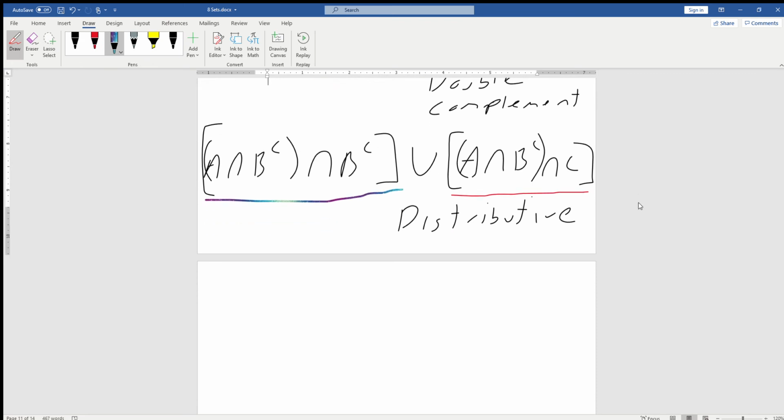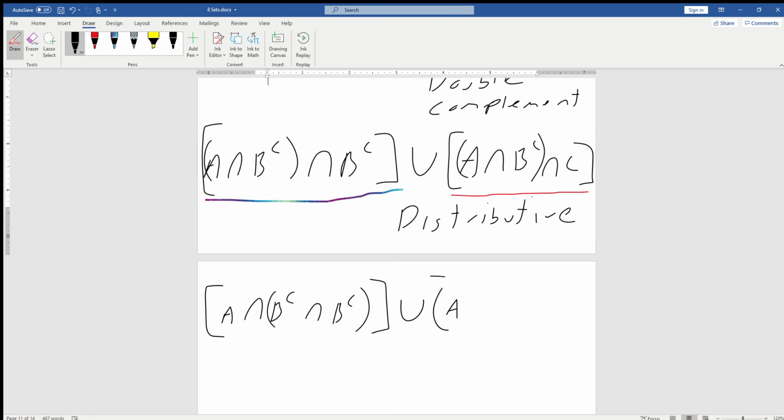I'm going to bump over those parentheses, so we get (A intersect B complement) intersect B complement, and then union (A intersect B complement) intersect C. Notice we just moved the parentheses. That's our associative law.